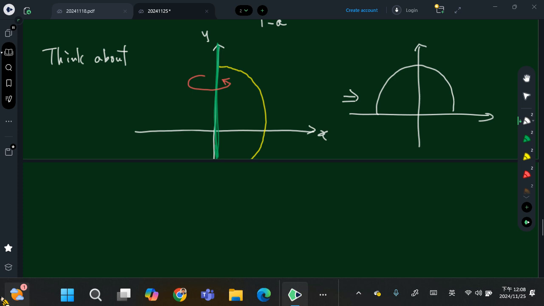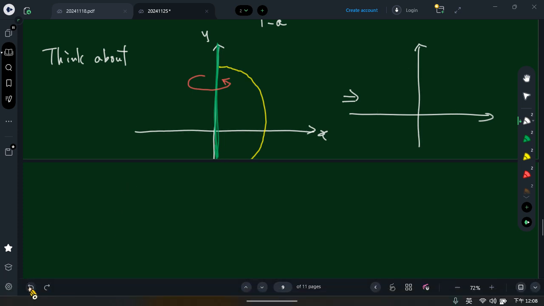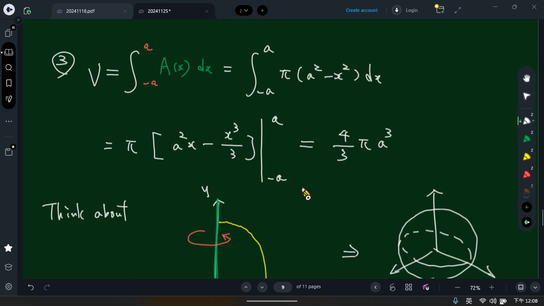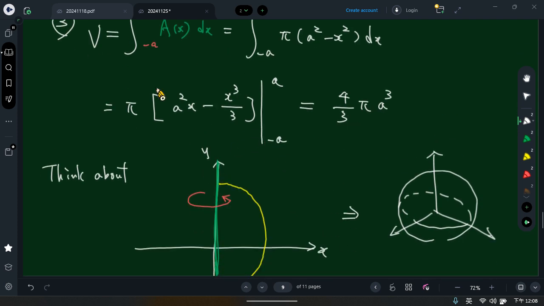Oh, sorry. Maybe I should draw it. The result is still a ball. But the formula will be a little bit different.